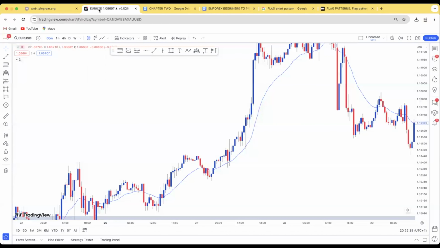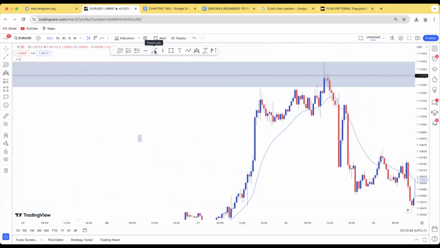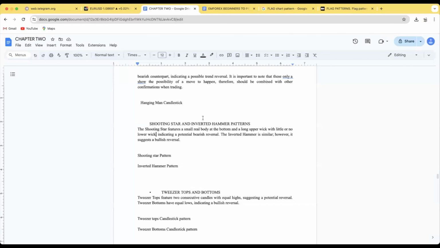If you are to represent it on the price chart, this is the way it's going to look, with a longer upper wick and little to no body. So it has a longer wick and a smaller body. All right, so that's the way it is.